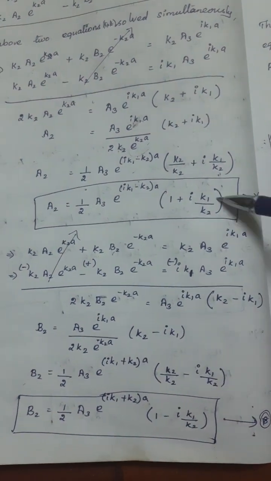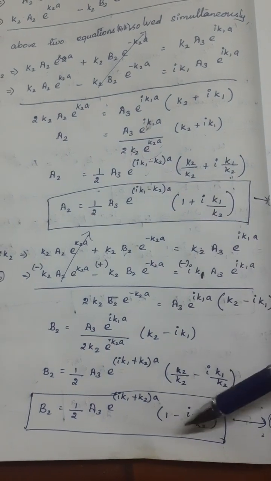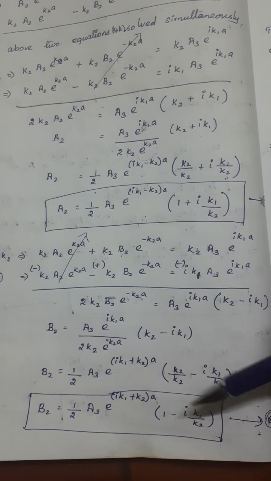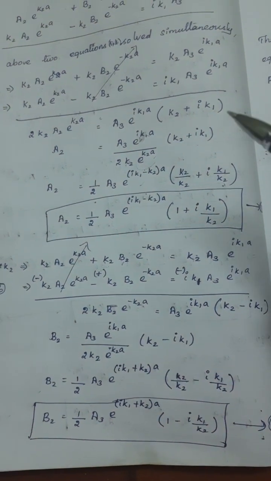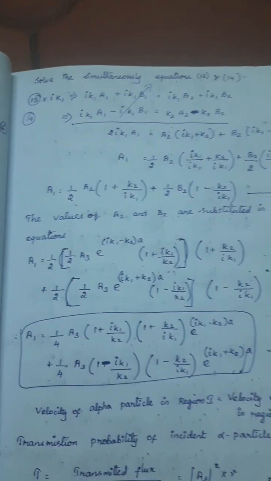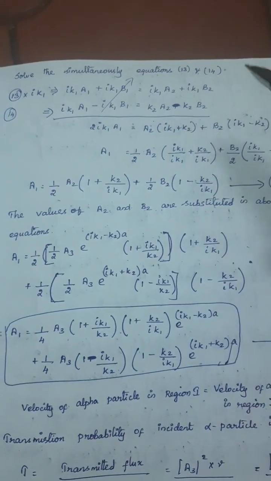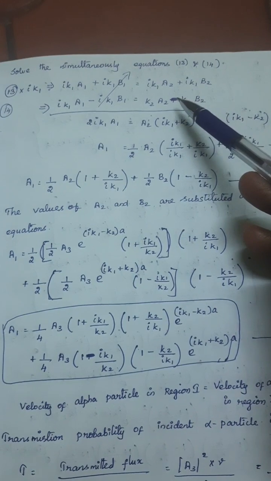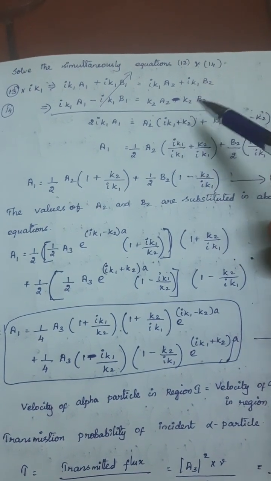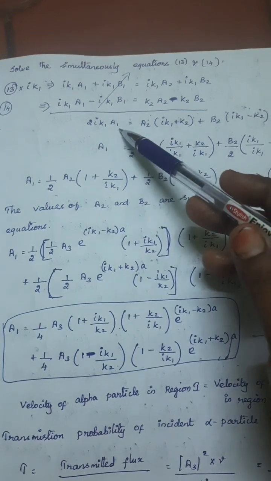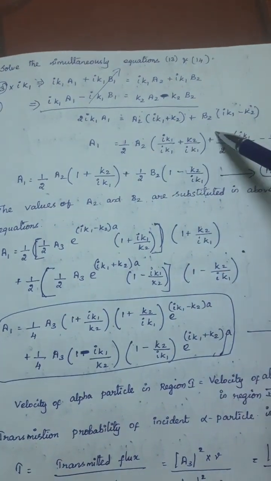So these two values, a2 and b2, we have calculated using the final two equations. Okay. In the same way, equations 13 and 14 are solved by using the simultaneous equation method, and automatically we get the solution for a1 in terms of a2 and b2.